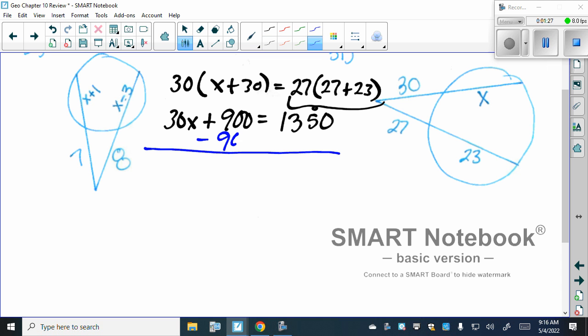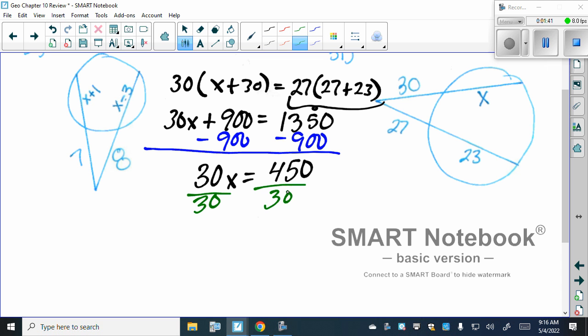Then we would minus 900 on both sides, telling us 30x is equal to 450. Divide both sides by 30, telling us x is 15, and that's it. Questions on any of this here?